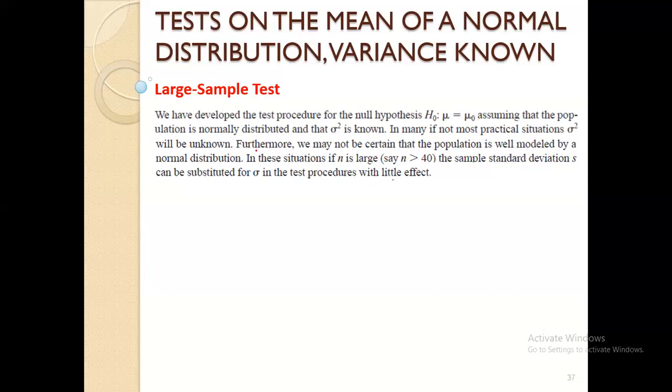But if you don't know the variance, it should be treated as unknown. You use the Z distribution if the data is big data. I think more than 30 is okay; 30 to 40 is okay to use the Z distribution for big data.